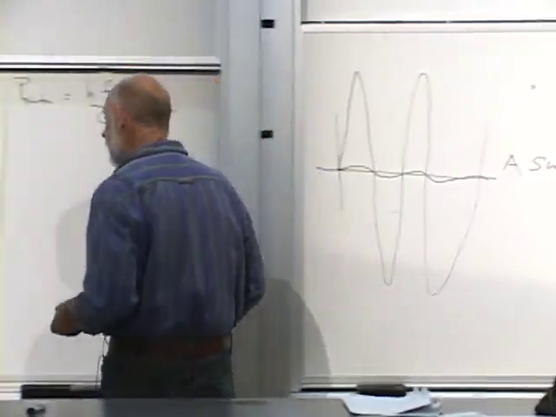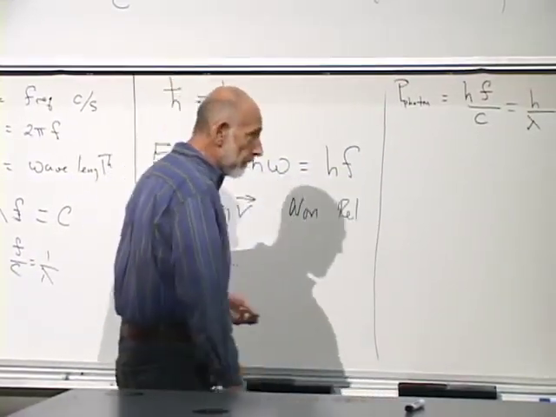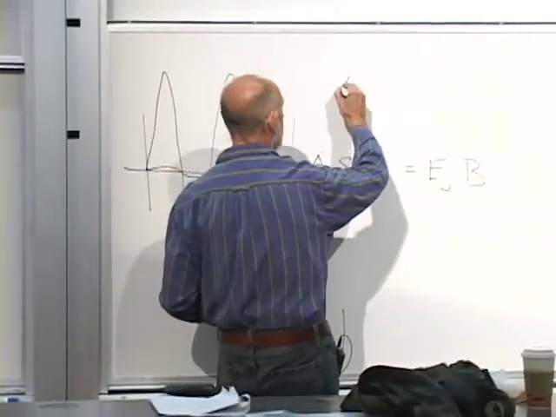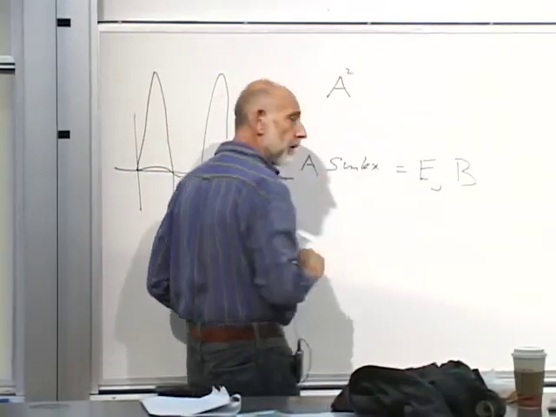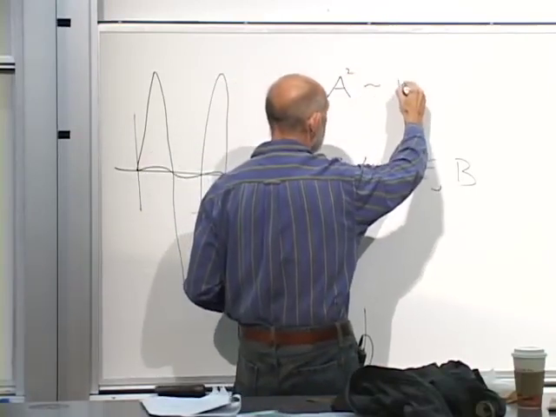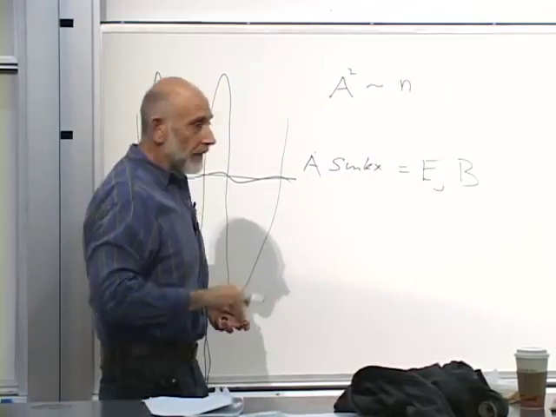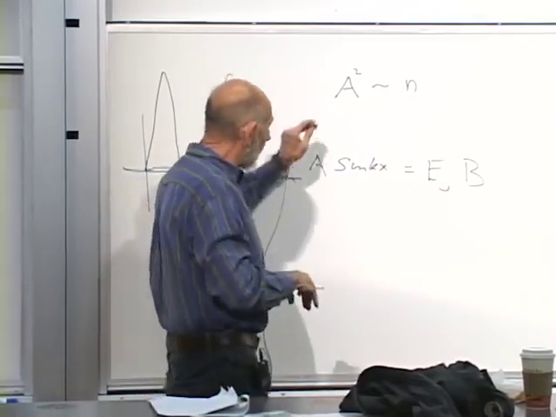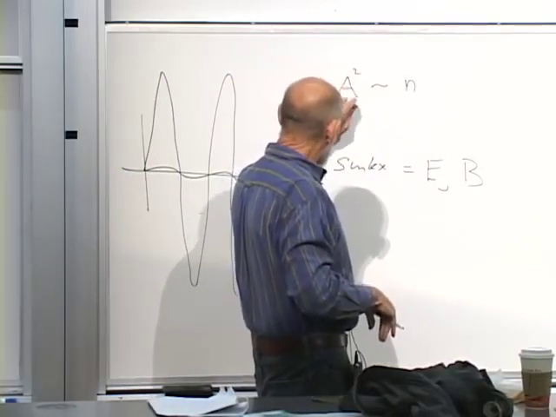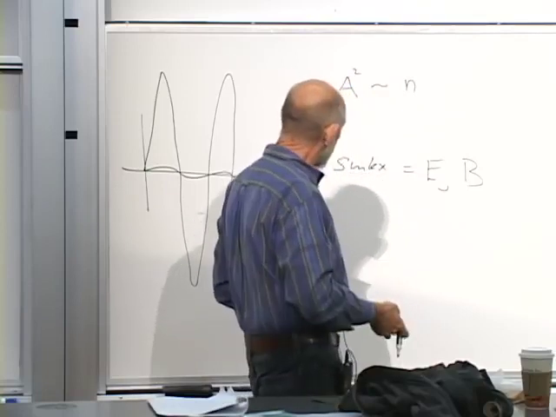In fact, the energy will be n, the number of photons, times h bar omega. So that means that there's a proportionality between the square of the amplitude on the one hand and the number of photons in that wave. Let's just call it little n. The precise, exact, detailed connection I'll work out for you another time. But the square of the amplitude of the wave is proportional to the number of photons.